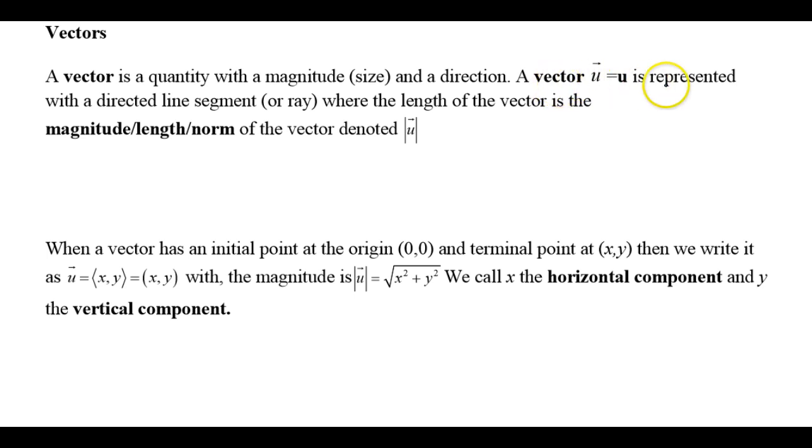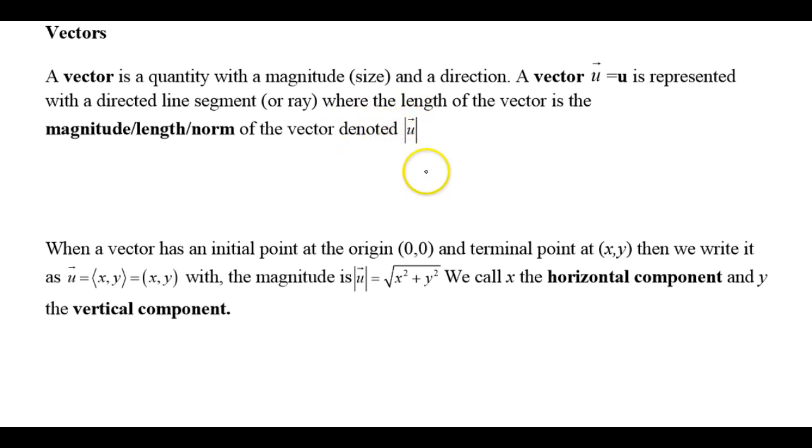A vector's graphical representation is a directed line segment, or a ray, where the length of that ray is the magnitude, or length, or norm. These are all synonymous ways of saying how long that ray is. And the notation for the magnitude is given by what looks like absolute value bars around the vector.